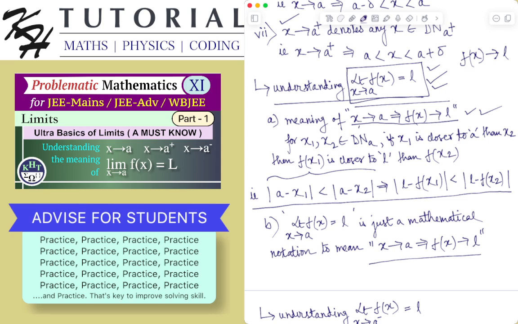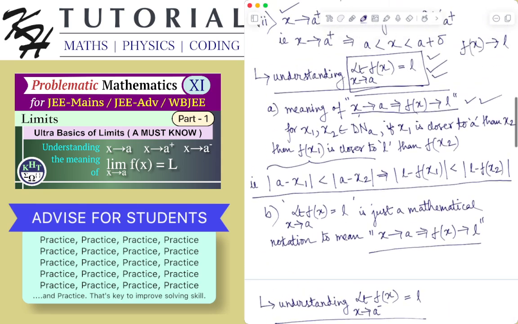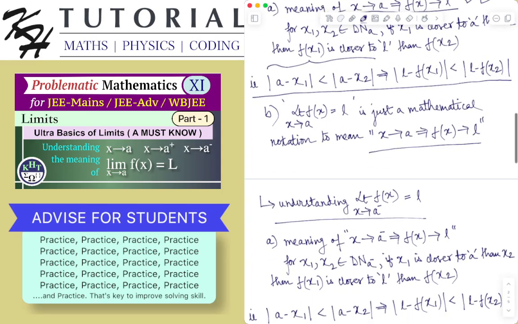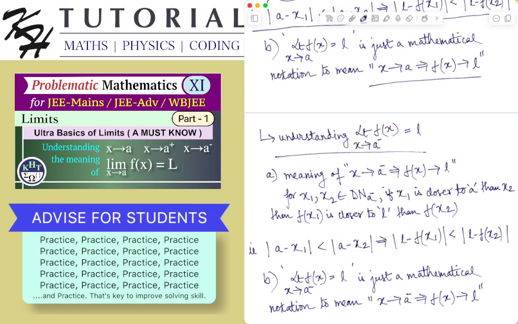Okay, so that was the limit of f(x) as x tends to a equals small l. Now similarly we have the limit of f(x) when x tends to a minus is equal to l, which means that when x is tending to a minus, then the value of f(x) is tending to l.